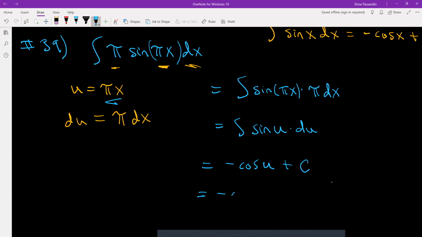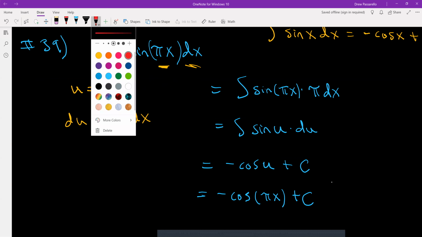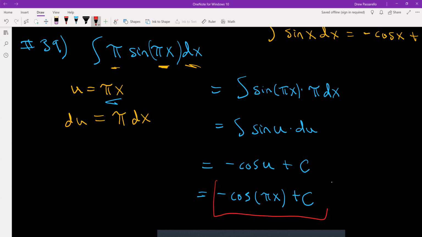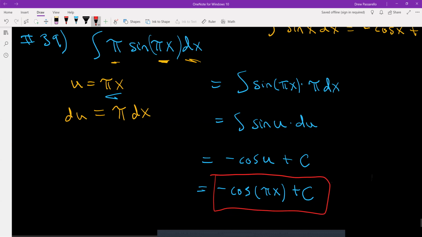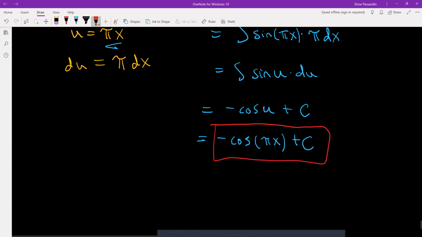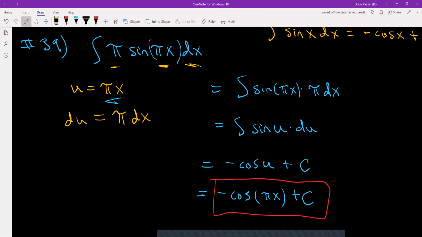So this is negative cosine pi x and then plus c. All right, and that's how I do that problem. The next one is number 43.